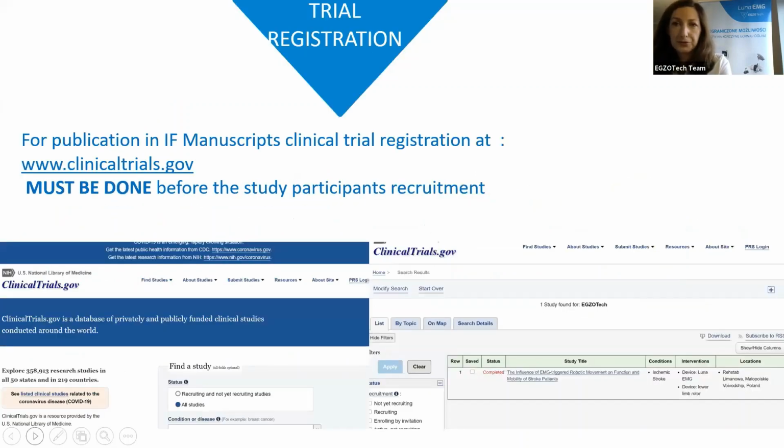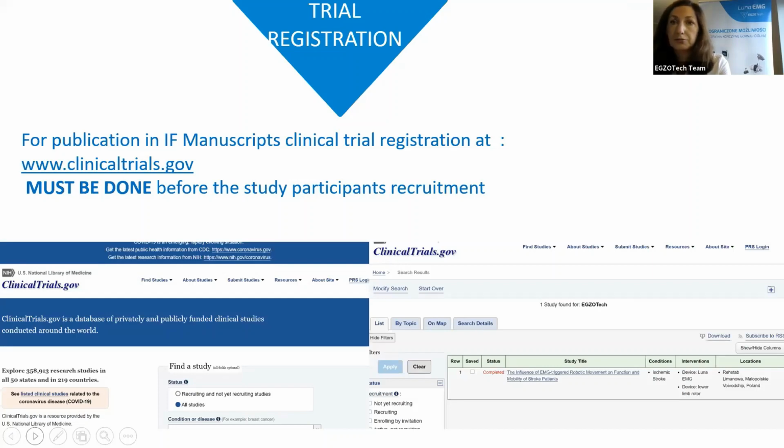What I also want to point out during this presentation, because we face this problem many times when we would like to publish the research, especially for the impact factor manuscripts, there is the clinical trial registration database.